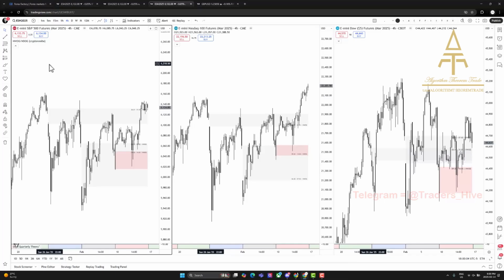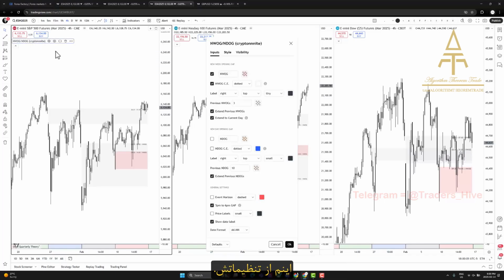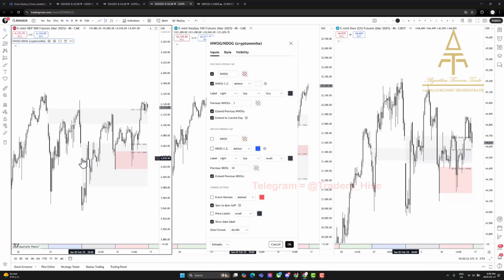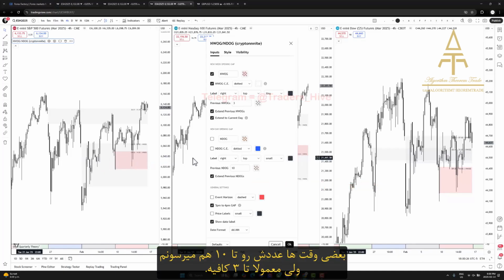Settings are here. I usually use 3, due to the fact that I am comparing the current new week opening gap to the previous one. Usually I use up to 5, up to 10 sometimes, but whenever I'm doing a comparison, then I just use 3.